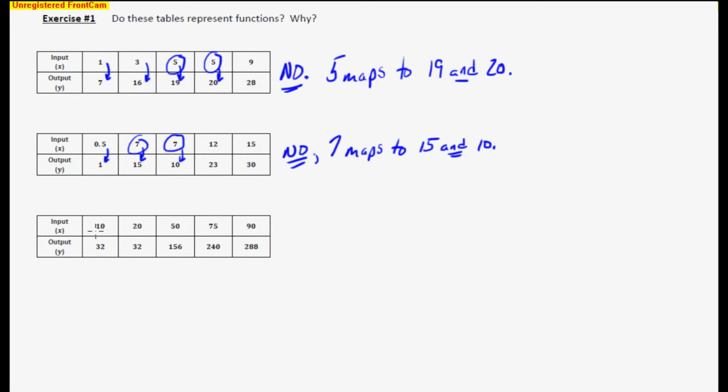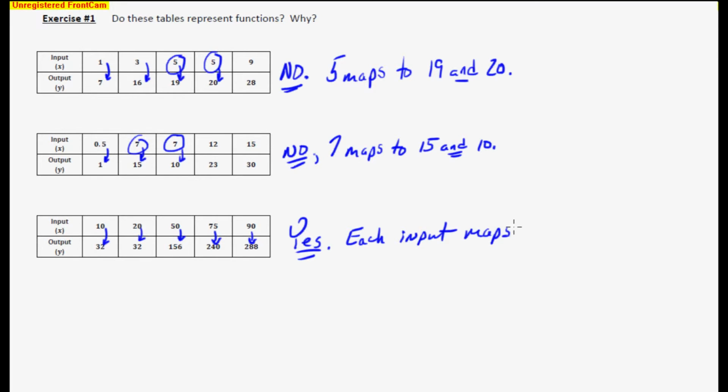If you look down the line here, once you do a few of these, they're pretty easy. Do you see any repetition here in the inputs? Well, you don't. You got 10, you have 20, 50, 75, and 90. So this one is a function. Yes, it is. And if you want a reason, you can say each input maps or yields or gives, whichever word you would like to say.